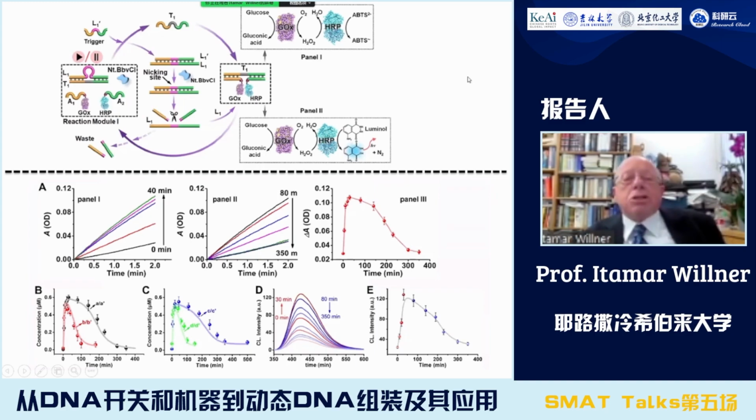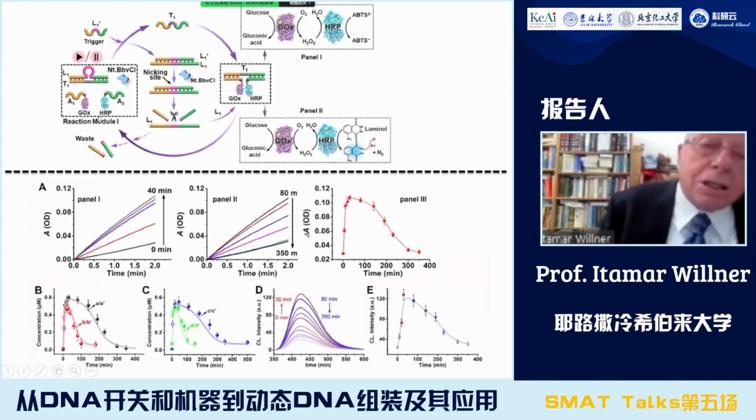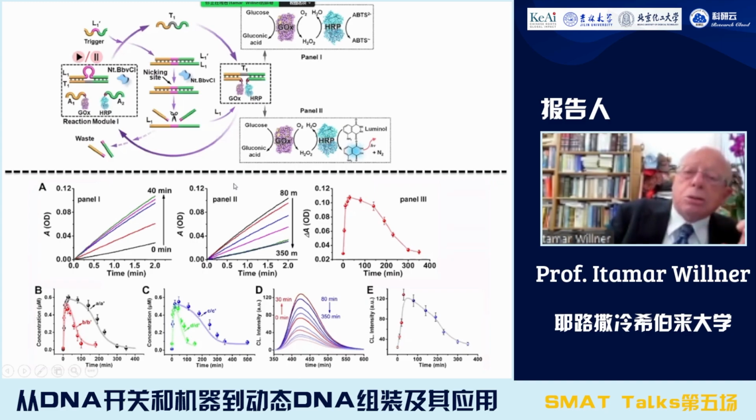The last application that I'm going to describe, or prior to the last application, will be, again, the generation of a transient biocatalytic cascade, where, again, the confined medium controls the dissipative biocatalytic cascade.